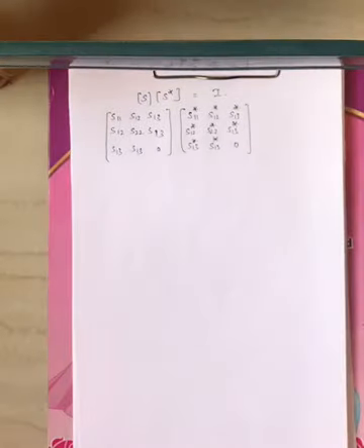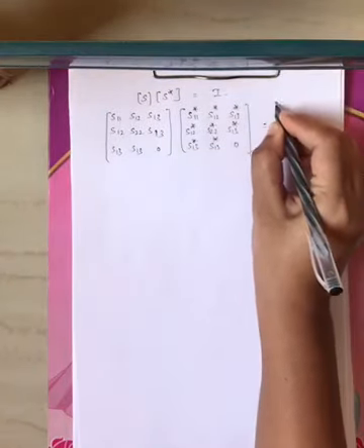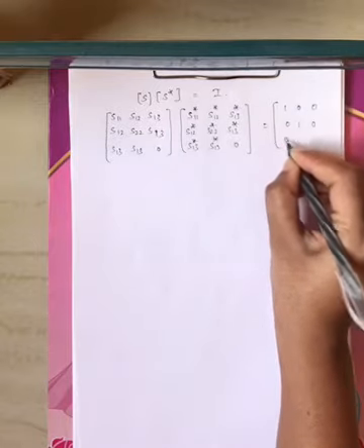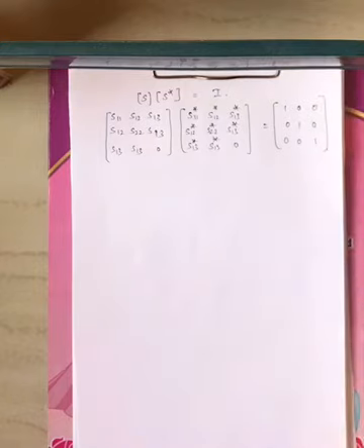This is equal to the identity matrix of order 3 by 3, that is 1 0 0, 0 1 0, 0 0 1. S into S conjugate equals I. This is after substitution of the S matrix.